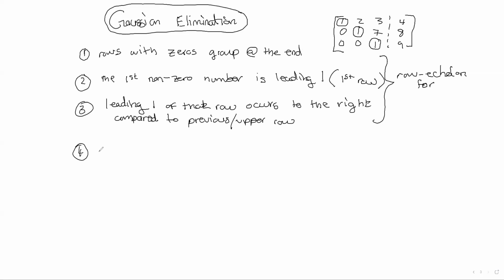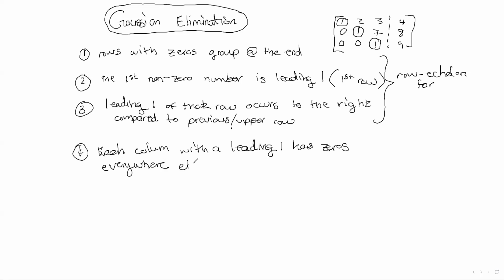Once we do that, we have each column with a leading one as zeros everywhere else in the column.